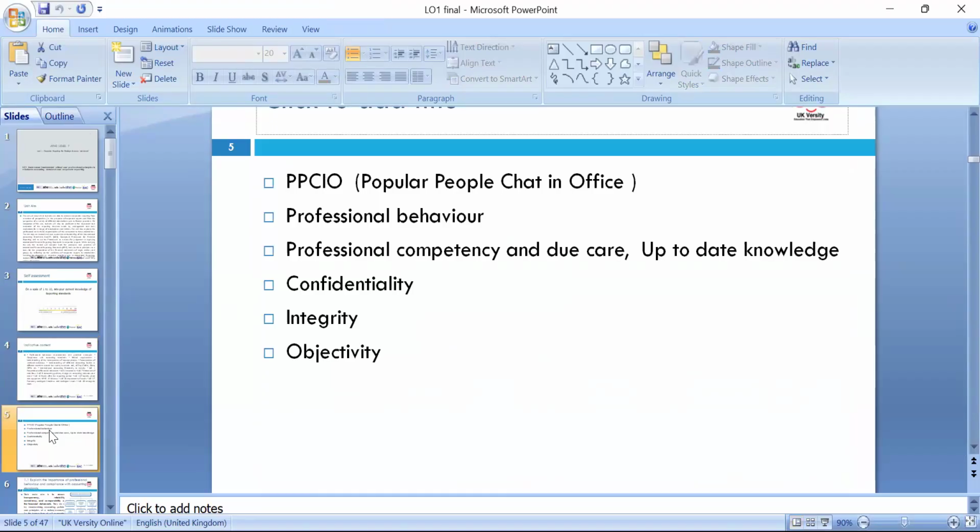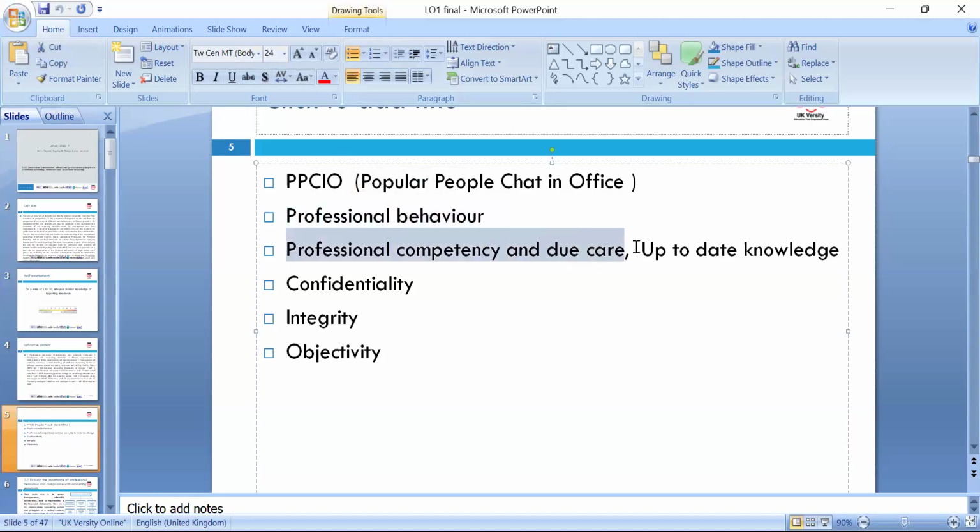To remember the ethical principles easily, use the mnemonic PPCIO: Popular People Chat In Office. Some people are very famous and carry on chatting in offices. The first P is professional behavior. As accountants, we must avoid conflicting information. Competence and duty: we have to do CPD and keep knowledge up to date, because every year the Finance Act carries on changing, as do accounting standards and legislation.